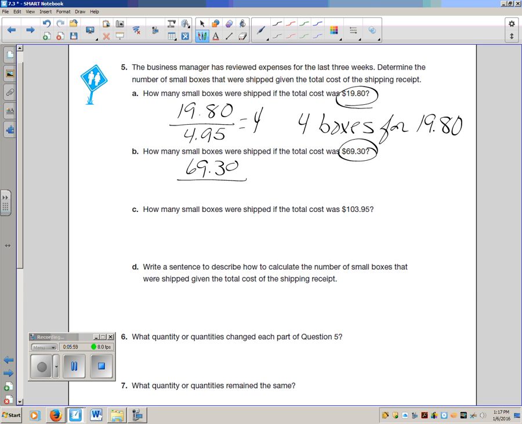We're going to divide that by the cost of 1 box, which is $4.95. $69.30 divided by $4.95 is 14. So 14 boxes for $69.30.